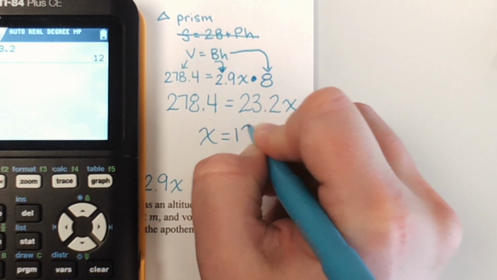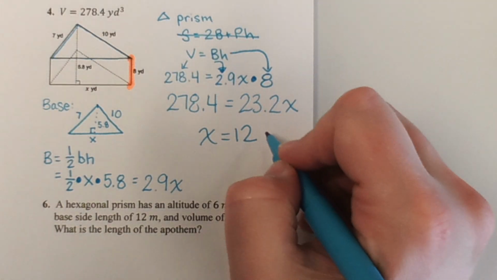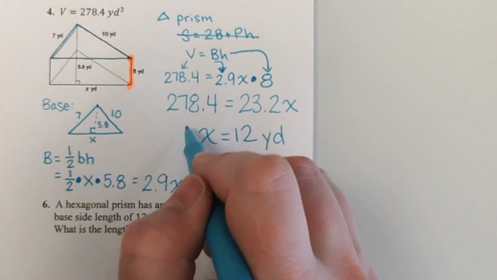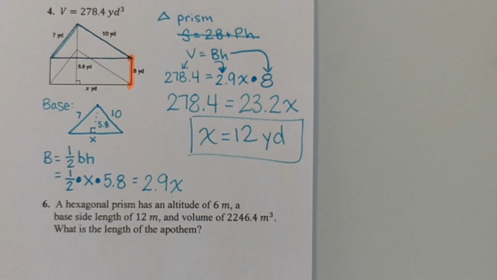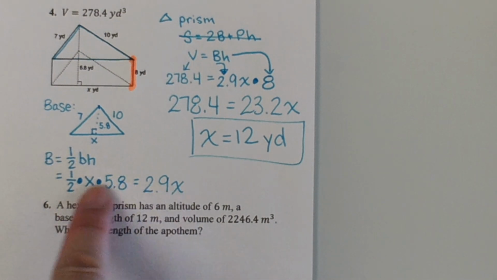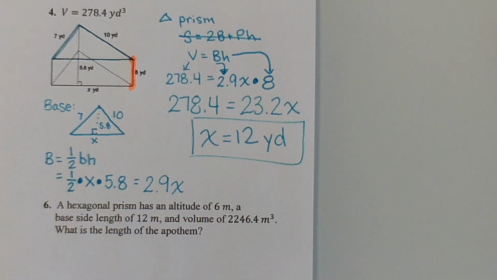X is 12. Specifically, yards. So, with some of these problems, your base area is not going to simplify completely down to a number, but you can still do it.